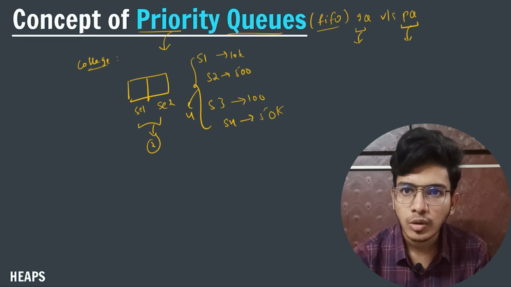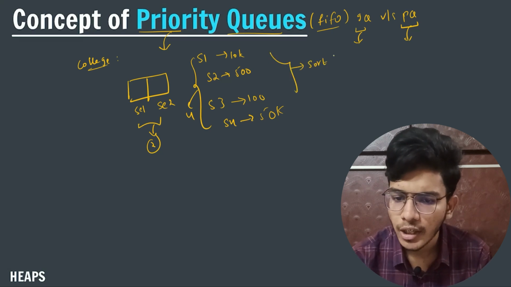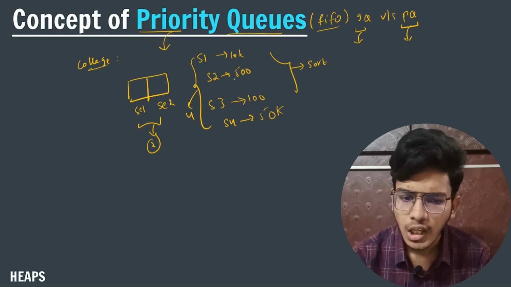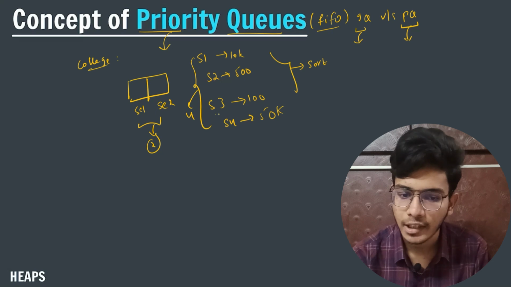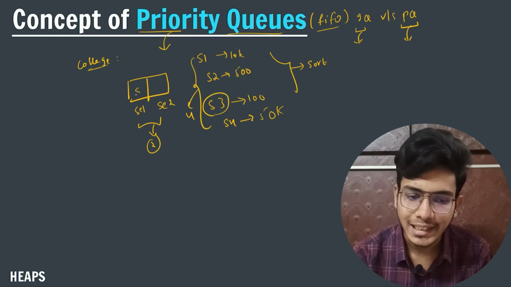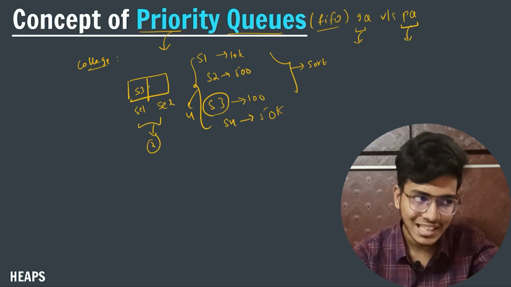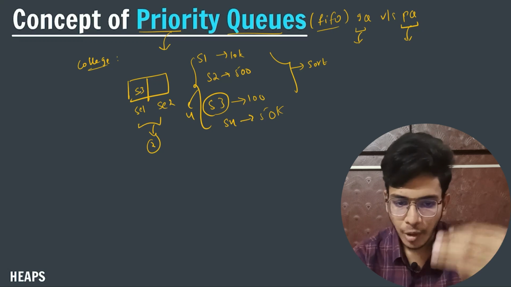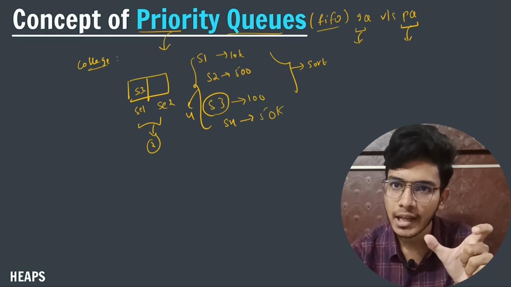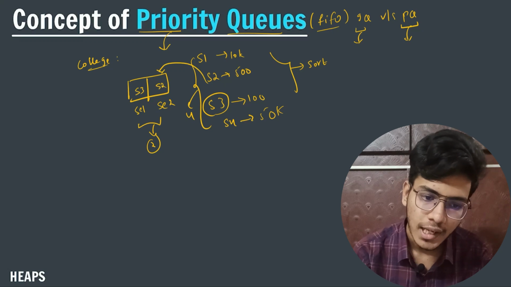So generally we will sort, and after sorting we take the student who has the least rank. First we take S3 and assign S3 to seat 1, because he has the least rank. After that we check among the remaining 3 students who has the least rank. S2 has the least rank, so S2 gets assigned to the second seat.